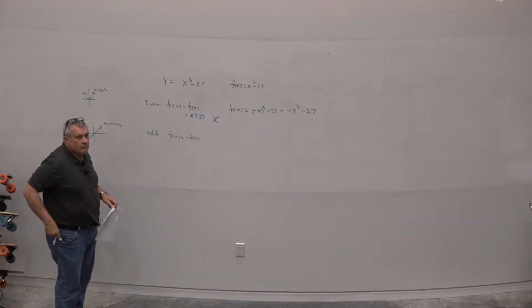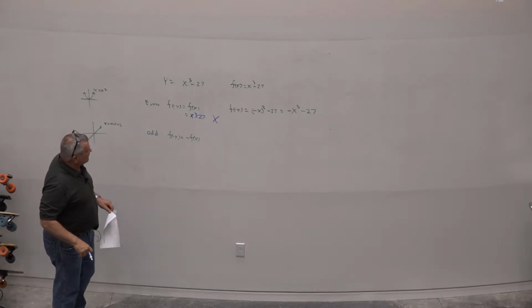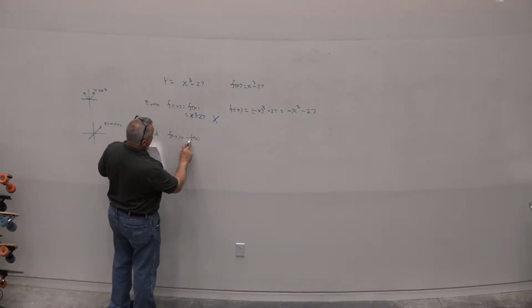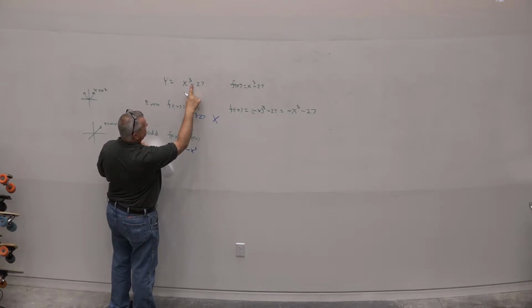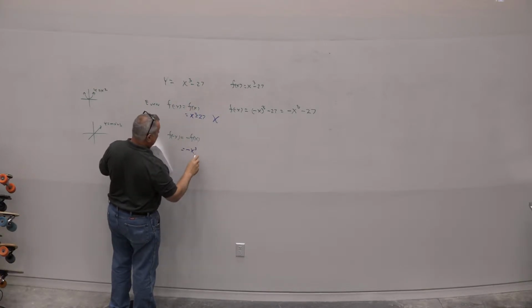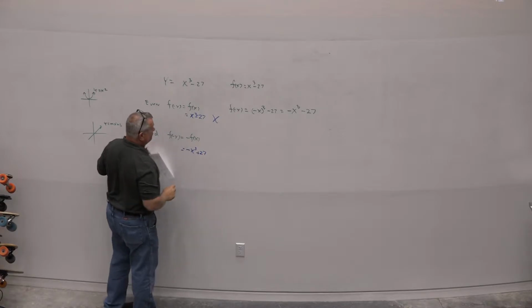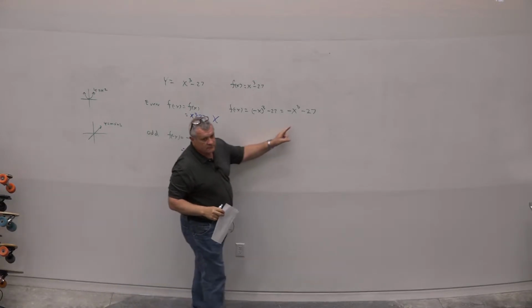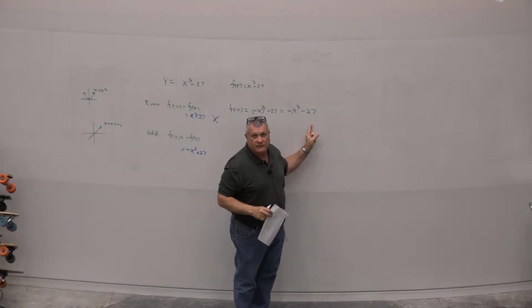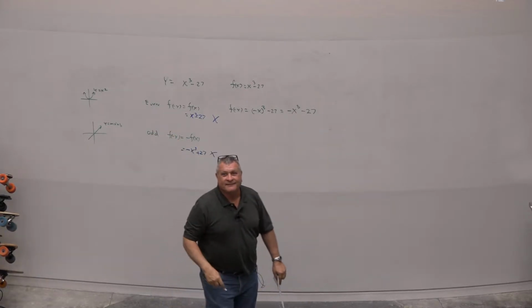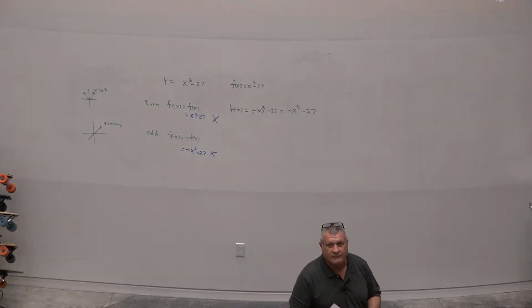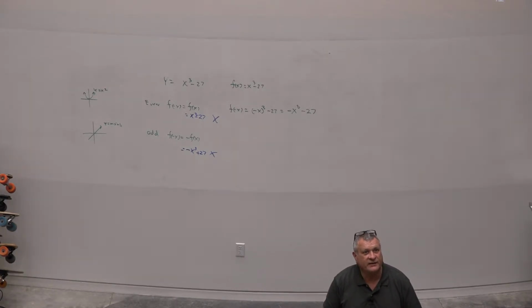Let's check if it's an odd function. If it's an odd function, I should get back the negative of this, which would be a minus x cubed, minus a minus is a positive 27. Is it odd? Yep, it's neither. It's neither, okay? So it doesn't have either odd or even symmetry.